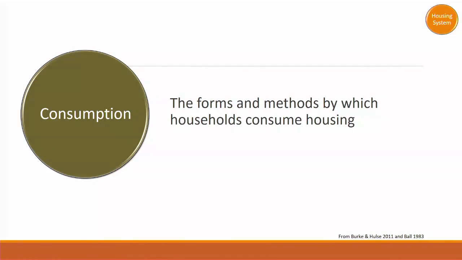Consumption. We're going through examples of this today. It is the dominant discussion in housing policy, and in the media talking about housing, the debate is about consumption in terms of home ownership.